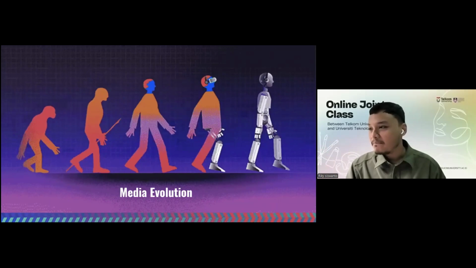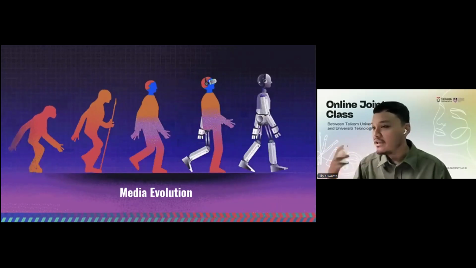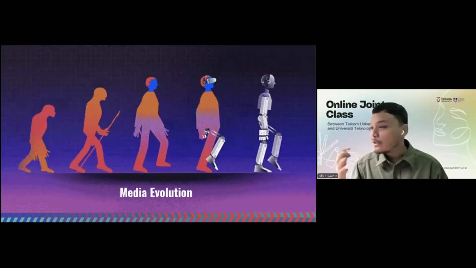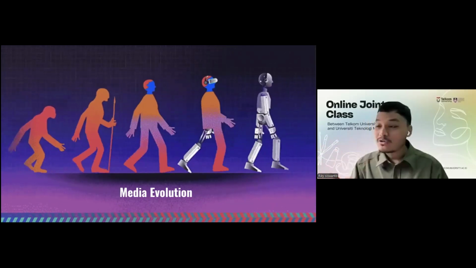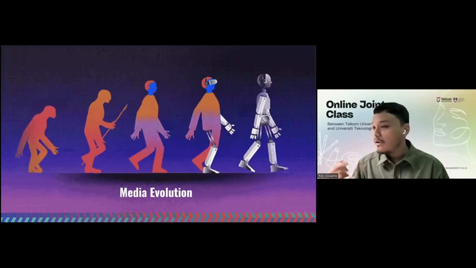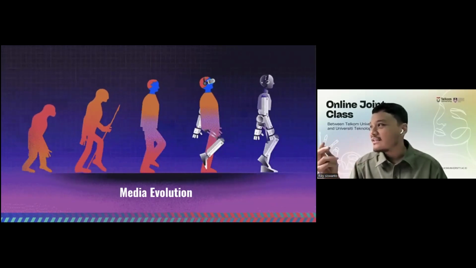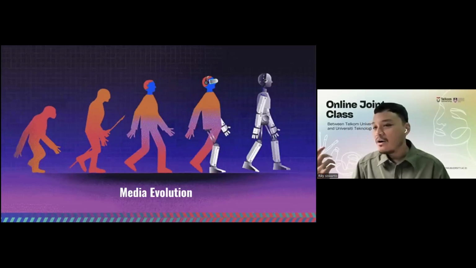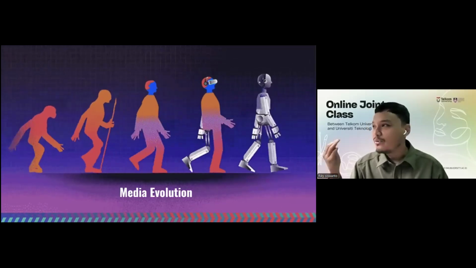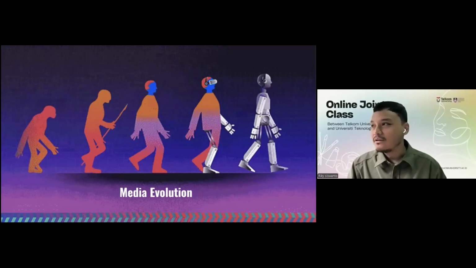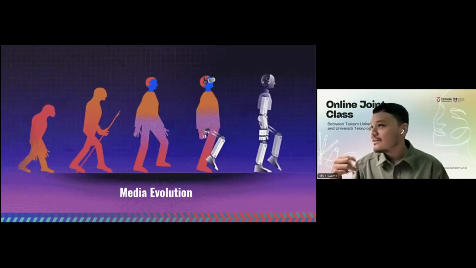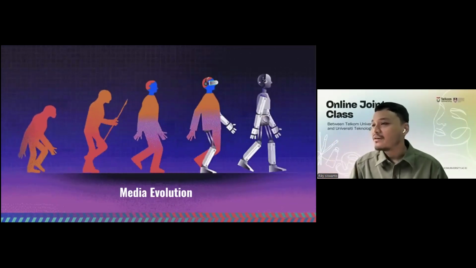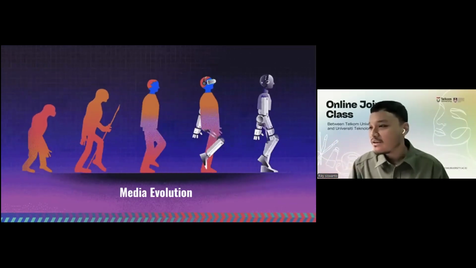Graphic design is always about media, always related to technology, and technology never stops. Technology is always evolving. It's all about new things each and every day. So we used to have printed media, television, radio before, and then we have the internet, and now we have AI.